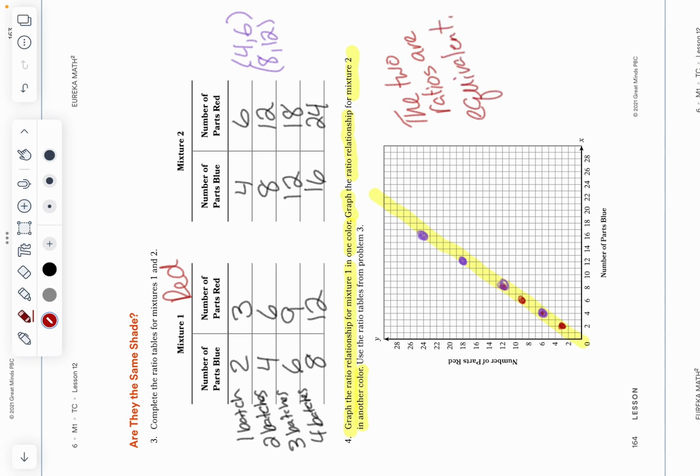If we were comparing them, they have the same ratio. 2 to 3 is equivalent to 4 to 6. So we're looking at 2 different ratios, and because all of the points will end up on the same line, they are equivalent to each other.